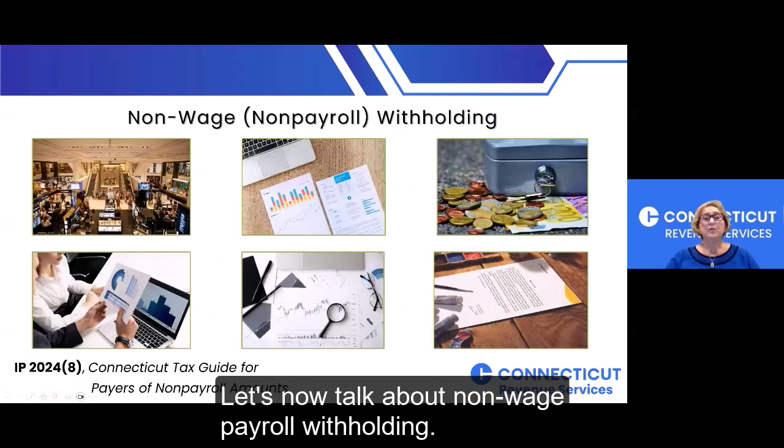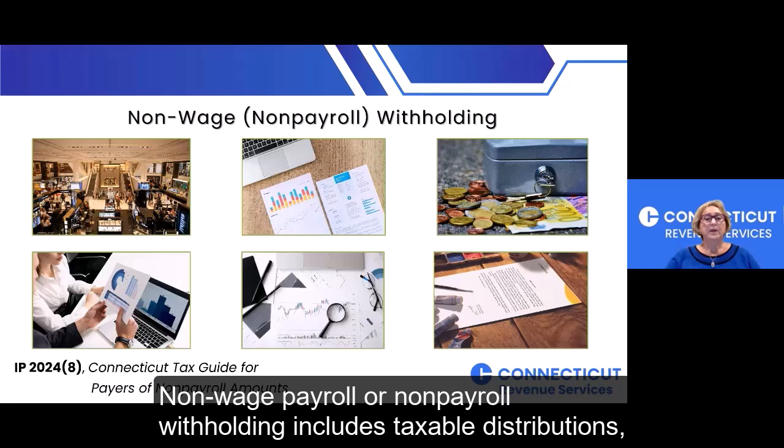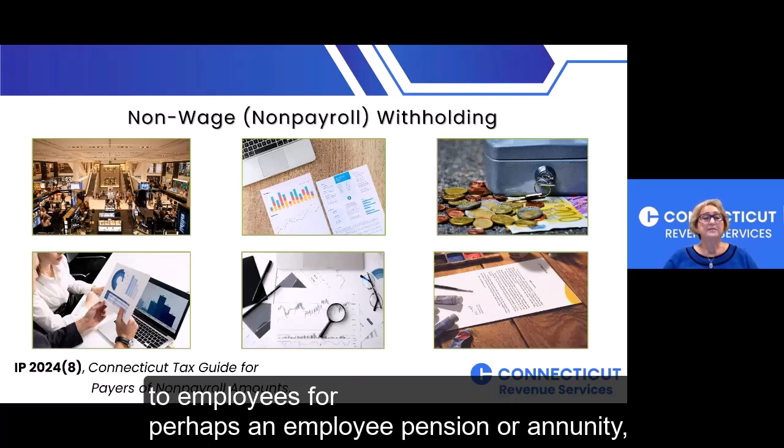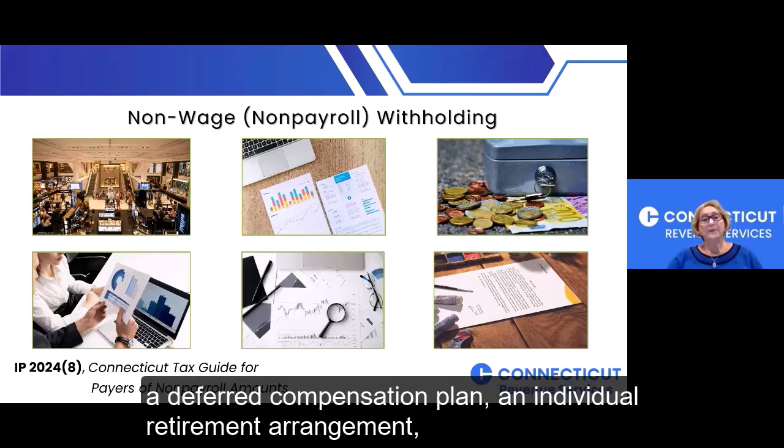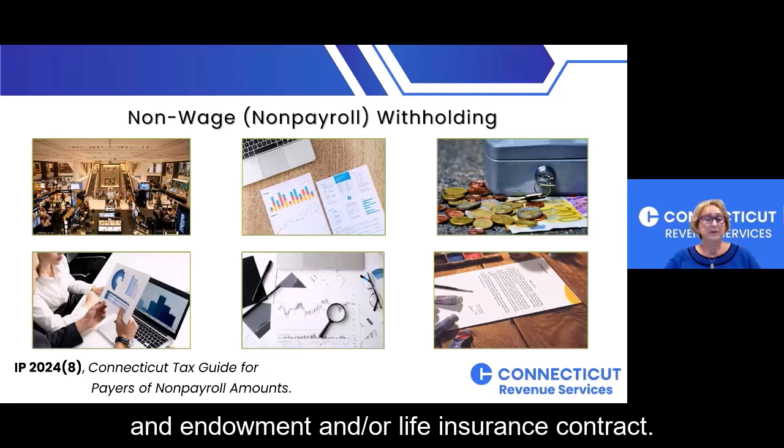Let's now talk about non-wage payroll withholding. Non-wage payroll or non-payroll withholding includes taxable distributions to employees for perhaps an employee pension or an annuity, a profit sharing plan, a stock bonus, a deferred compensation plan, an individual retirement arrangement, an endowment and/or life insurance contract.